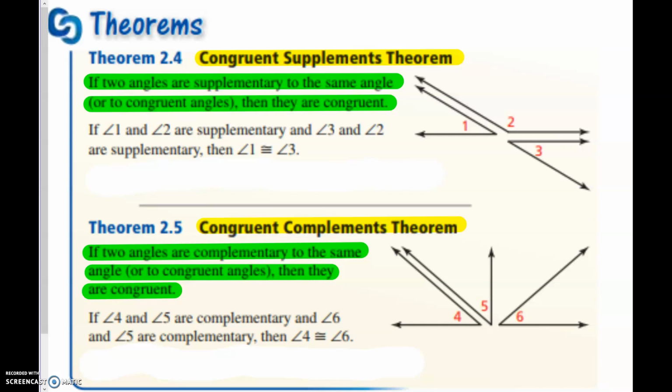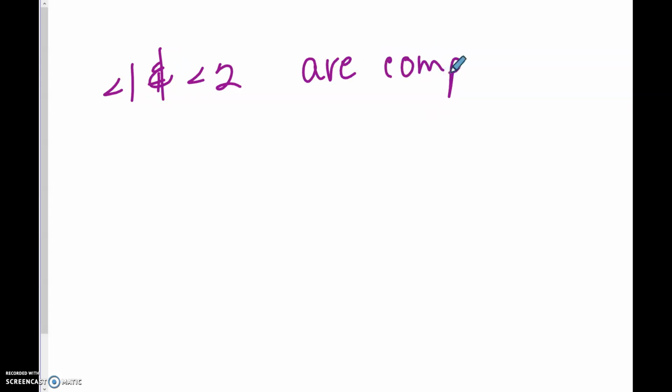So actually, I'm going to do a little thing here. If I say angle 1 and angle 2 are complementary, what does that mean? That means 1 plus 2 equals 90. And I tell you angle 2 and angle 5 are complementary.